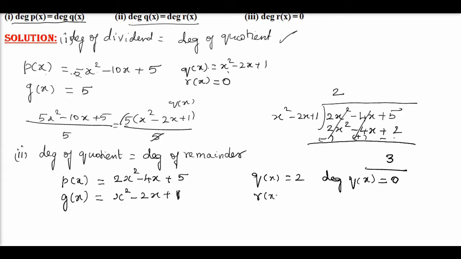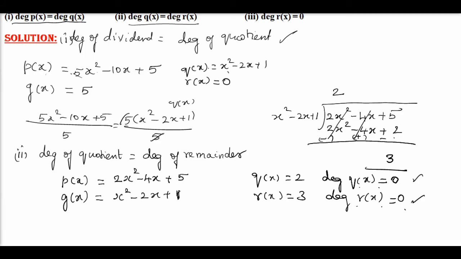And r(x) equals 3, and here again, since r(x) is a constant polynomial, the degree is 0. So we have got the degree of quotient and degree of remainder to be the same. So this is how, in the simplest way, I have found polynomials satisfying degree of quotient equals degree of remainder. Okay, you can also check it for some other polynomials in some other ways, right?